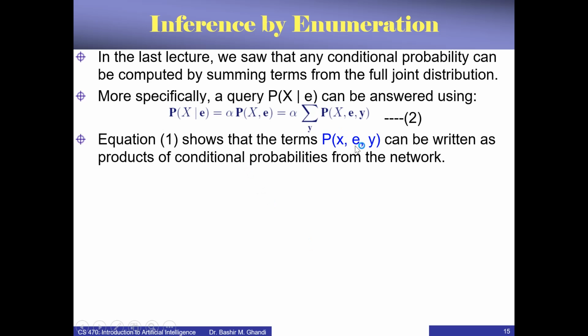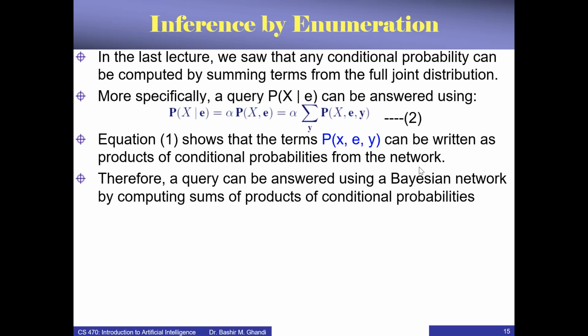Now equation 1 shows that the term P of x, e, y can be written as a product of conditional probabilities from the network. Therefore, the query can be answered using a Bayesian network by computing sums of products of conditional probabilities.